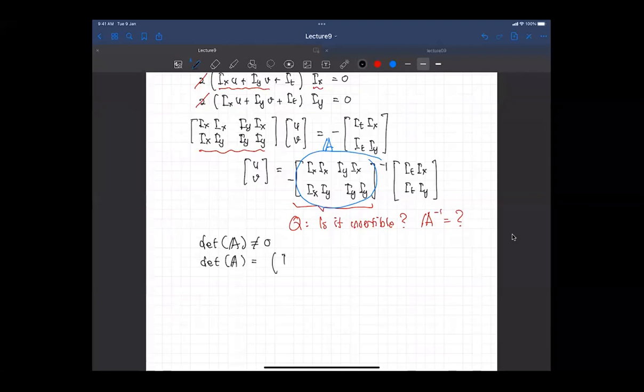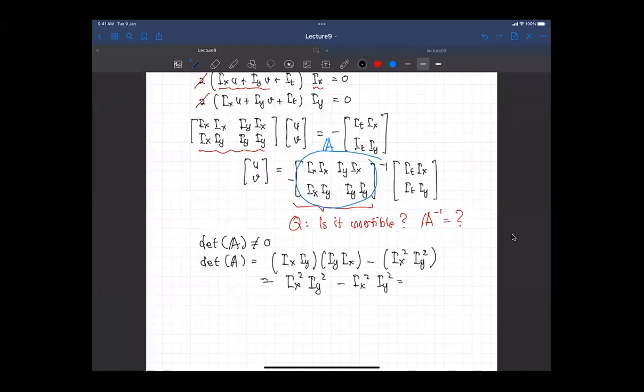In this case, it will be Ix squared multiplied by Iy squared minus Ix squared multiplied by Iy squared, which equals 0. So it's not invertible.